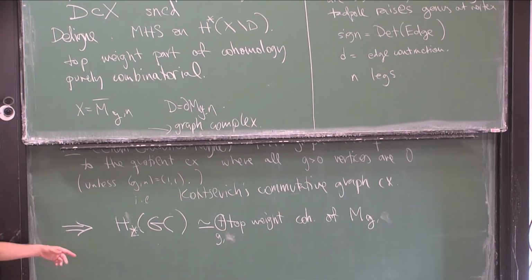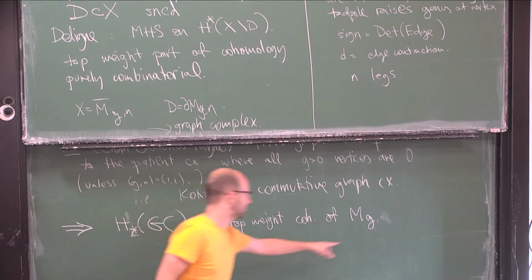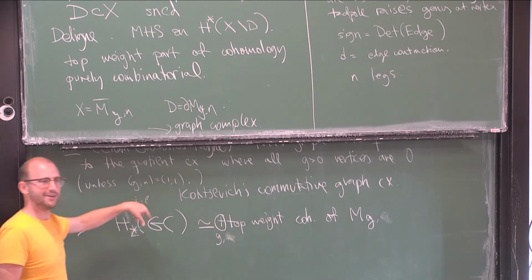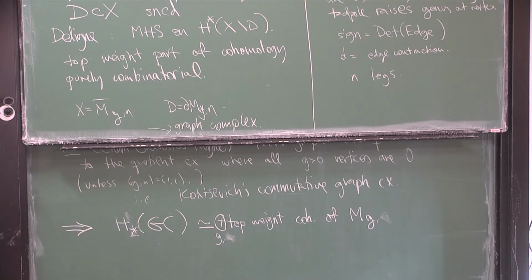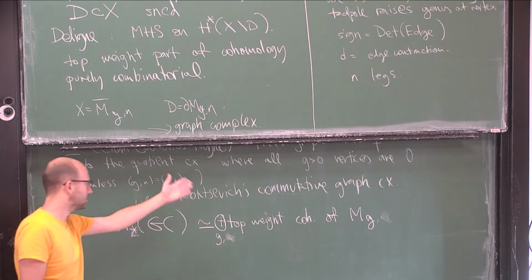If I insert the hairs, the theorem is still true, and then I have to put an n in here and an n in here, and I have to sum over all the hairs.